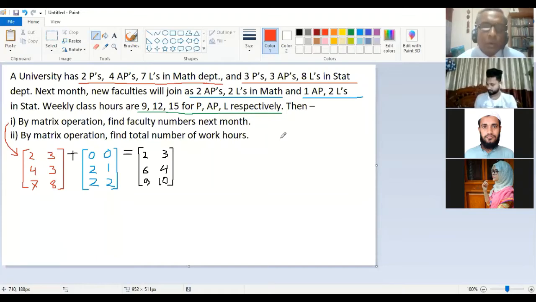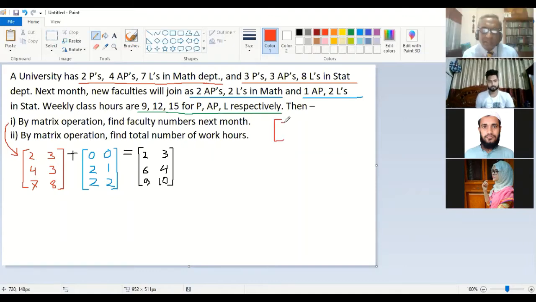Now, if in the question paper of your exam you see this question and you make the matrix like this, 2, 4, 7 is not the column, 2, 4, 7 is the row, and you make the matrix like this, 2, 4, 7 and 3, 3, 8, and this is your matrix. Is it okay, or is there any problem if you make the matrix like this in the exam?